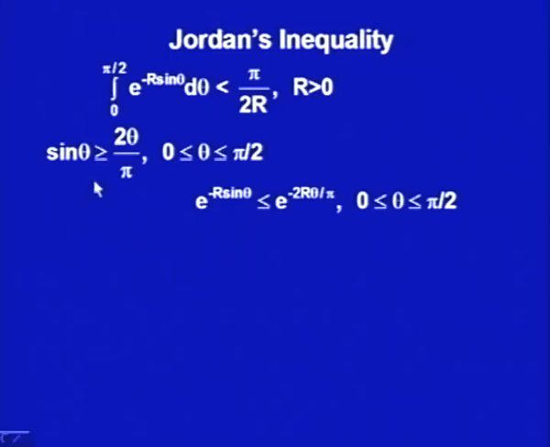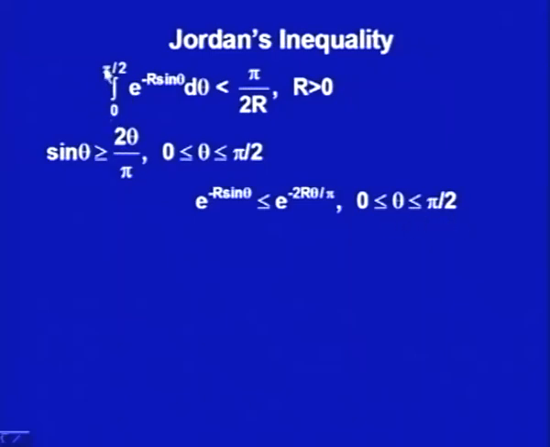Since sin theta is greater than 2 theta upon pi, r sin theta would be greater than 2r theta upon pi, and that would be in the denominator. So, what we would get is that e to the power minus r sin theta is less than or equal to e to the power minus 2r theta upon pi in the range 0 to pi by 2.